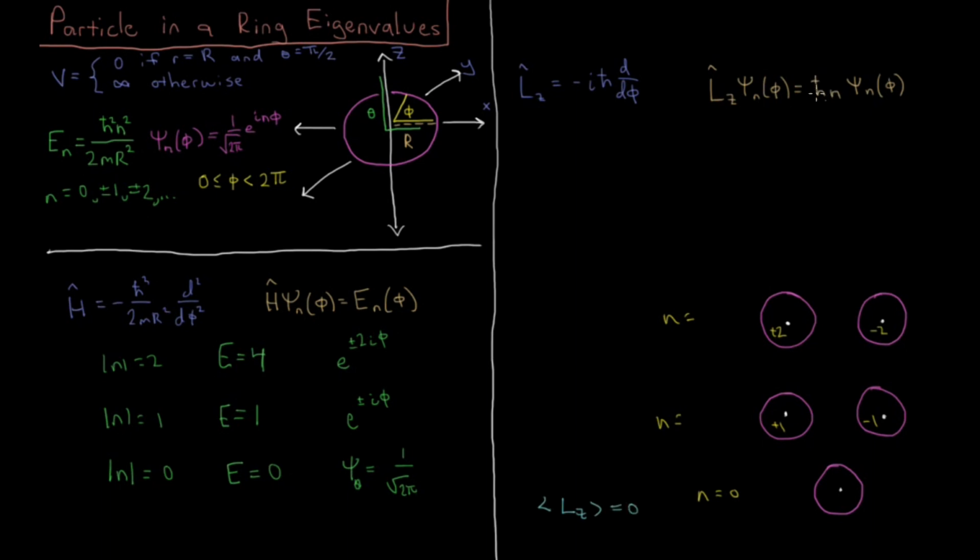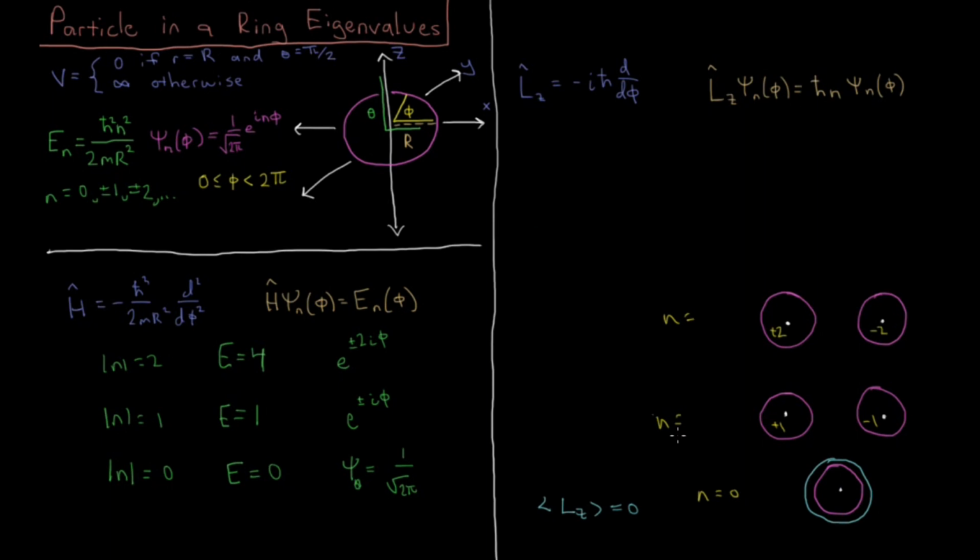It's an eigenfunction of Lz, so the expectation value is just the eigenvalue when you're in a pure eigenstate like that. So the expectation value is 0 for n equals 0. Again, there's no momentum. The particle is just kind of sitting there, and its density is spread equally throughout. It's not moving to the left or to the right. The particle is just sitting spread out in the ring there.